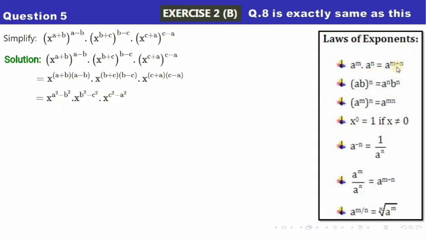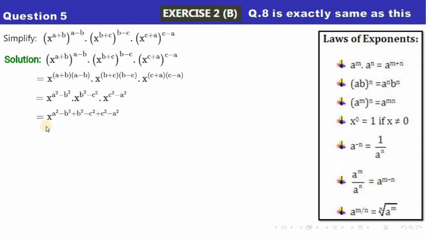Now if you apply this law, for all these numbers the base is x. So the base is the same. For example, here we have a to the power m into a to the power n. Whenever bases are the same, we need to add the powers. So you get a square minus b square plus b square minus c square plus c square minus a square.